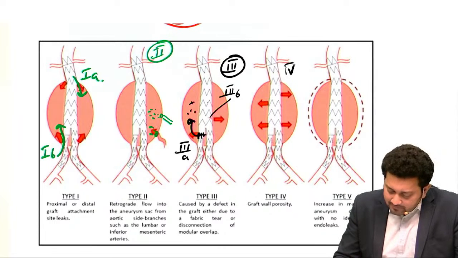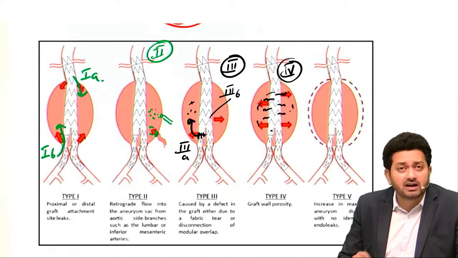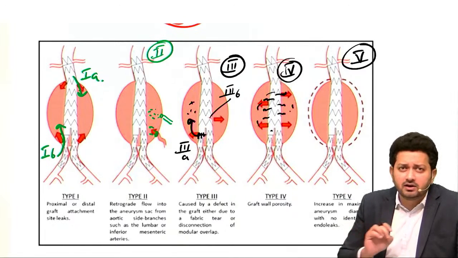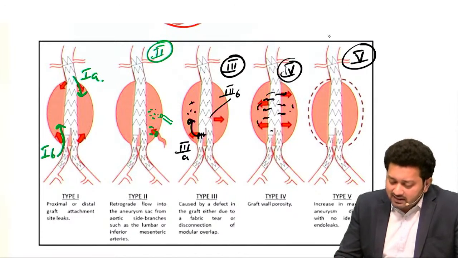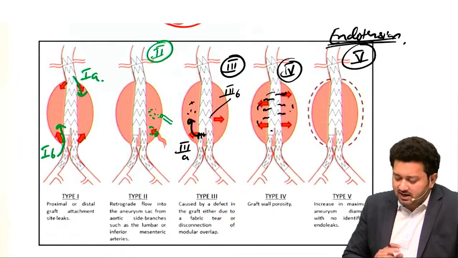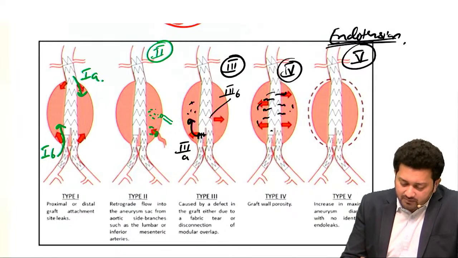Type 4 is when there is a porous wall, the whole wall is porous and some blood is seeping out and causing increase in the diameter. And type 5 is, despite no leak, no hole, no seepage, somehow the diameter of the stent graft is increasing, and that is known as endotension. The reason for that is not known. It is increase in the diameter without any visible endoleak. So there are 5 types.